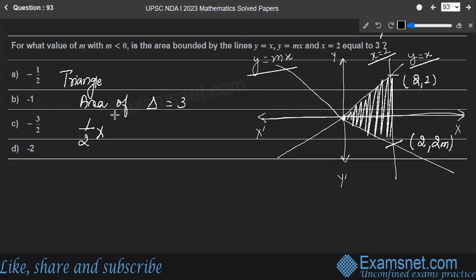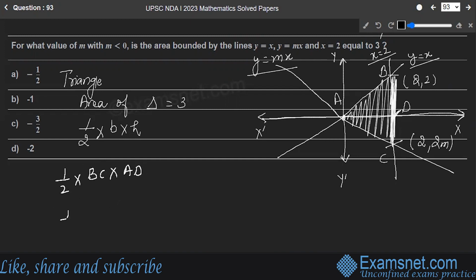Now, it's half into base into height. And the base is what? This is the base, this particular line, right? Let's name the points A, B and C, and let this particular point be D. Now the area is equal to half into BC into AD. BC is equal to 2 minus 2m, and AD is equal to 2, right?